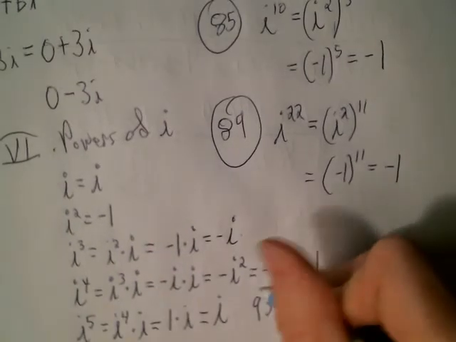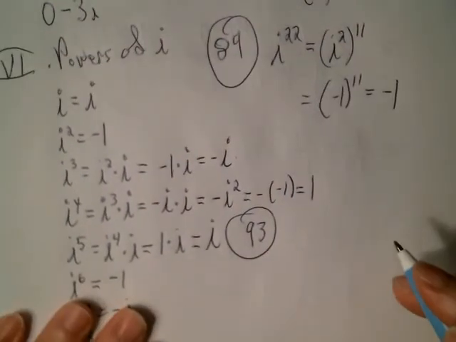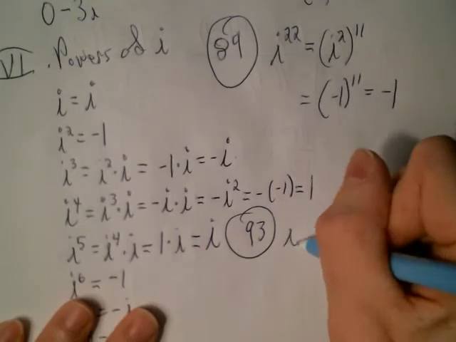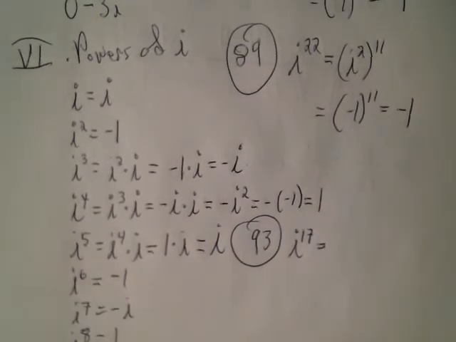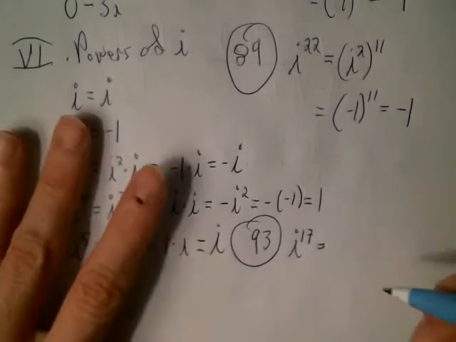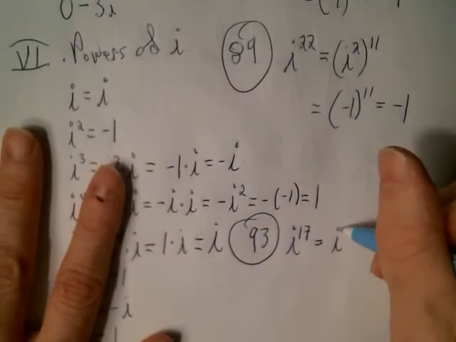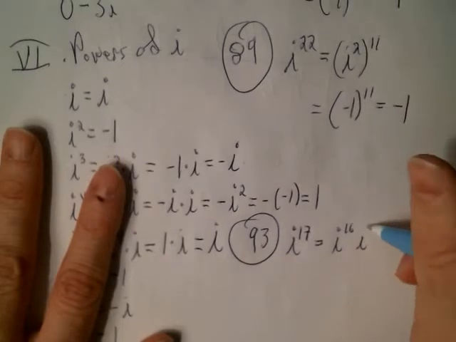Let's look at 93. They want us to figure out i to the 17th. Okay, so the way I'm going to have to do this is kind of separate off one i. So I can rewrite this as i to the 16th times i.